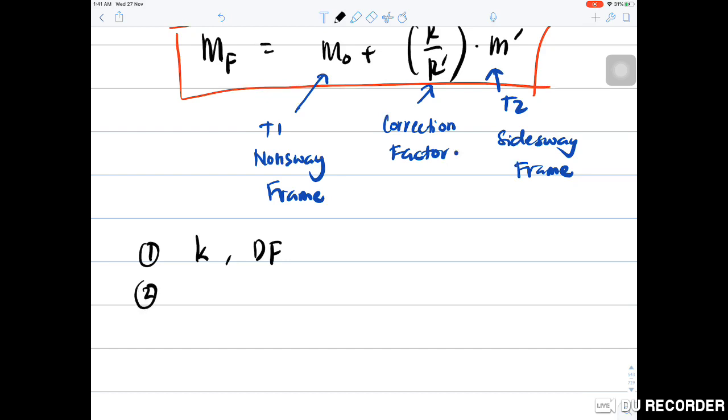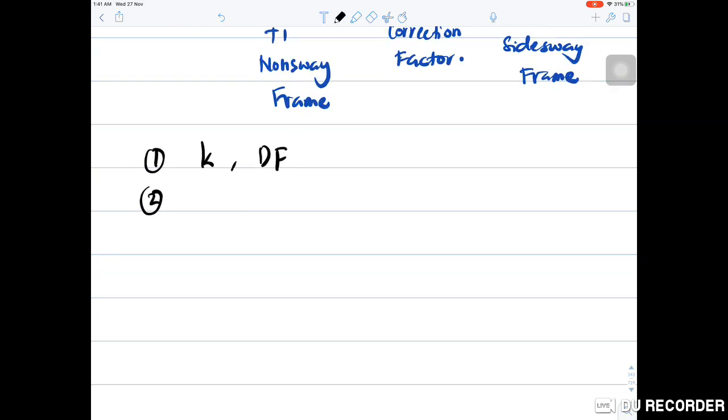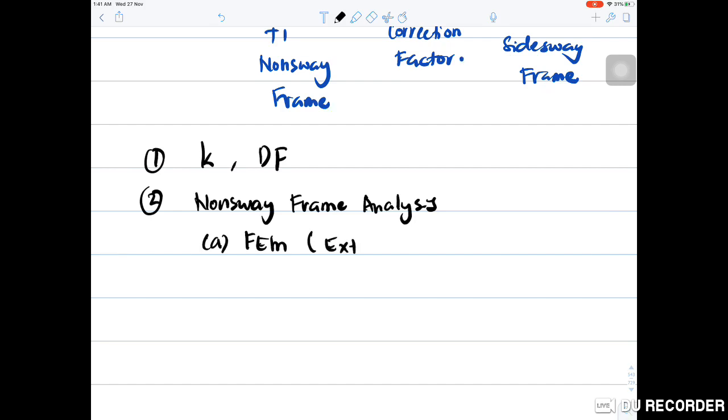Step number 2 is the non-sway frame analysis. Under this, A is the FEM due to external load.